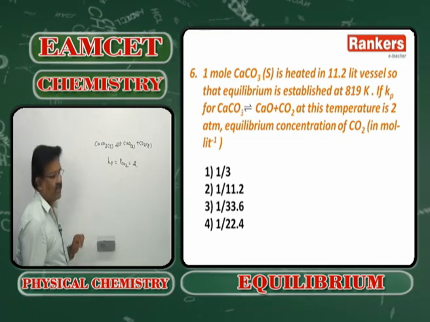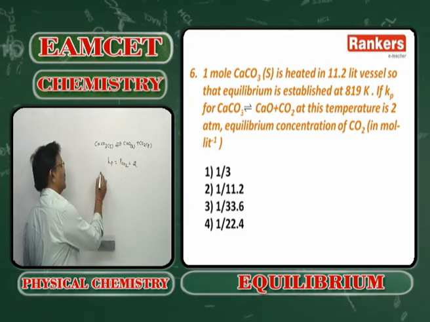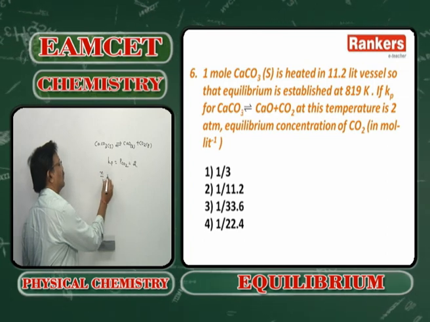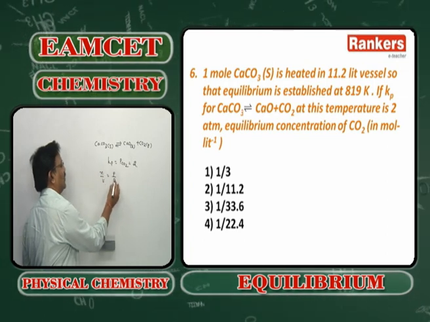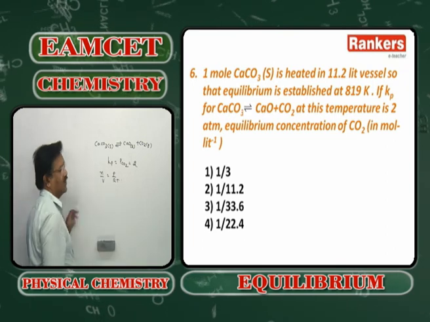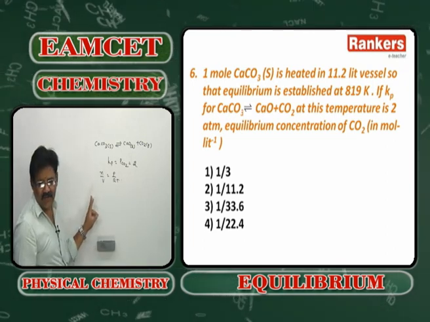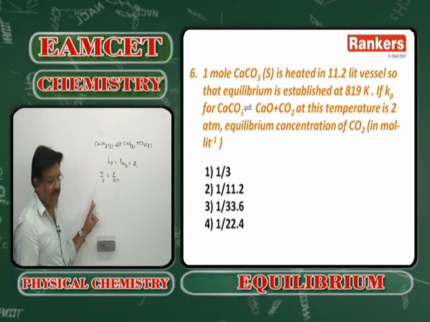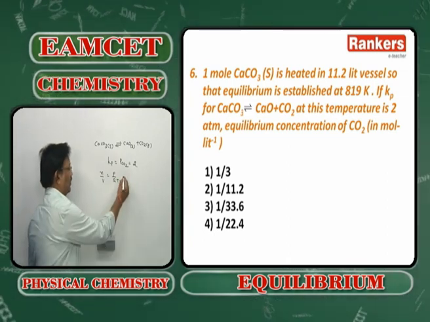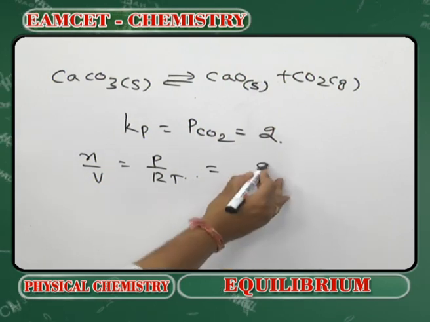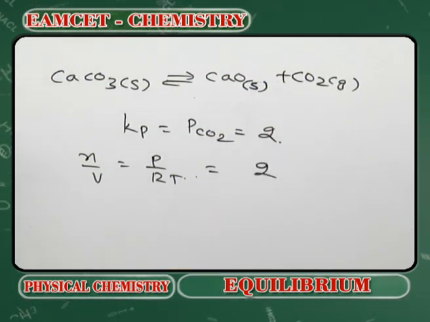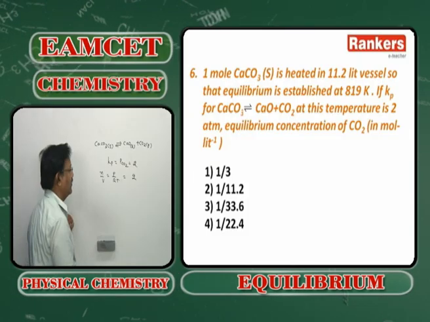What is the question? Equilibrium concentration. N by V is equal to P by RT. How do you get concentration? Number of moles by volume in liters. So P by RT. What is the P value? 2. And what is the temperature? 819 Kelvin.